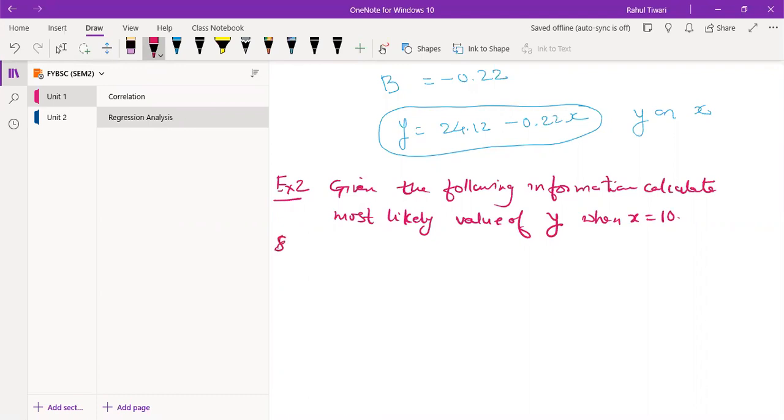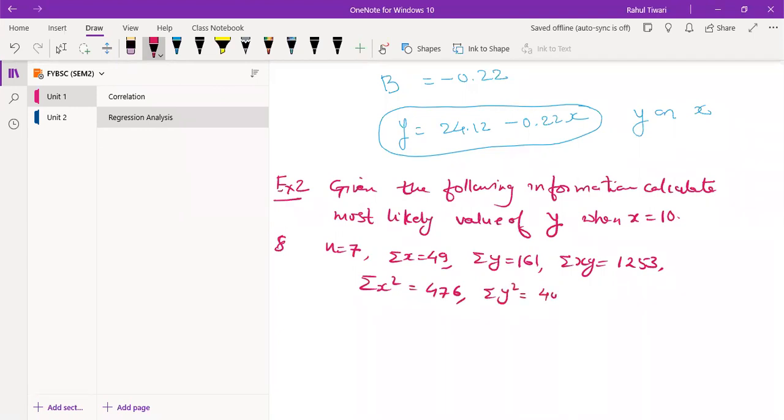But where's my data? N is given as 7. Summation x is 49. Summation y is 161. Summation xy is 1253. Summation x square is 476. Summation y square is 4032. Okay, you can try out this one.